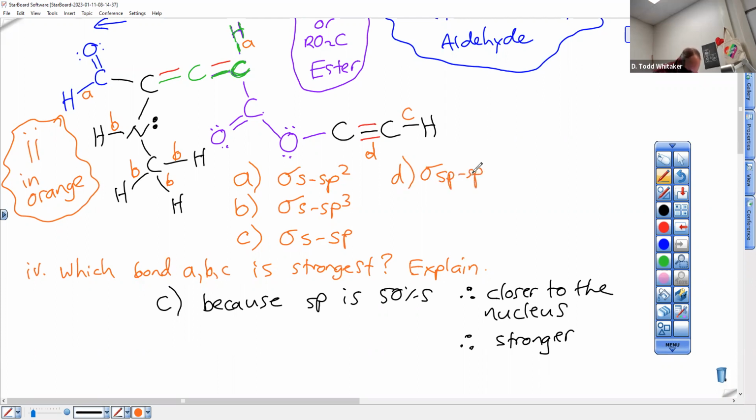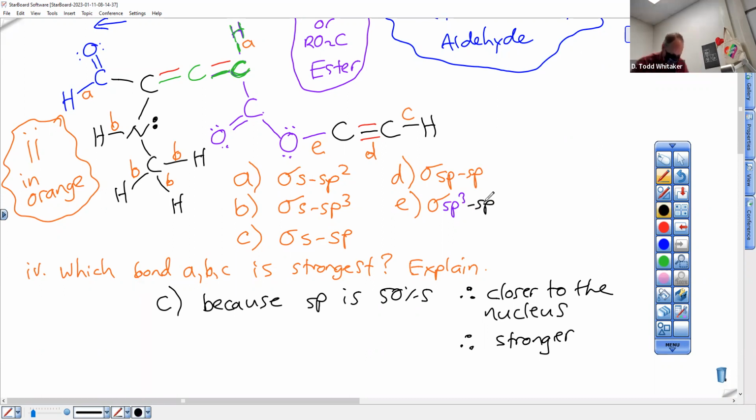That was a unique bond, and E is a unique bond. There's no other E's here. That's the only E in this whole page. sp3 oxygen, correct. Sigma, sp3 oxygen. And the carbon in black is sp.